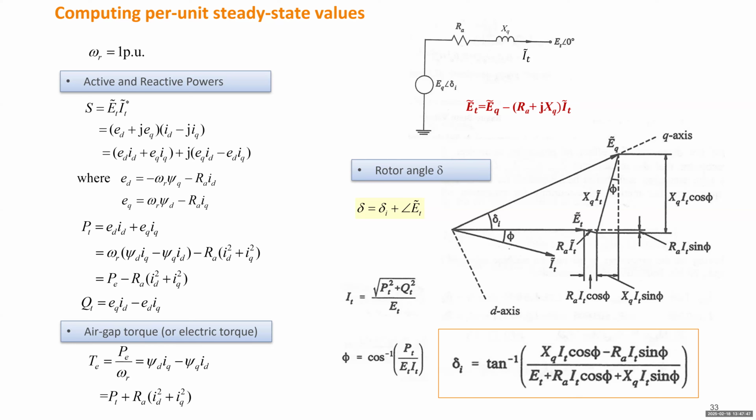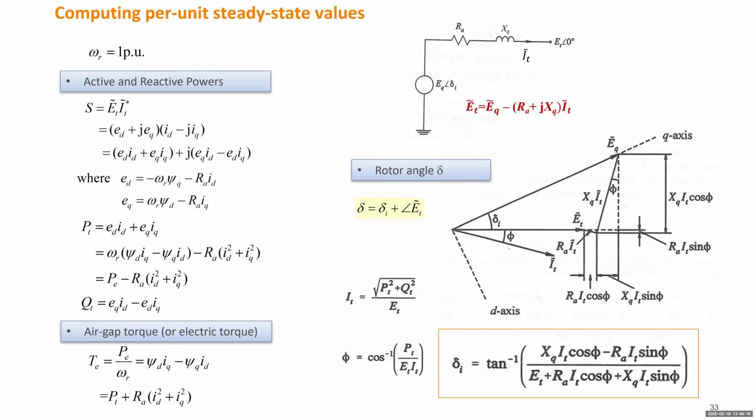But keep in mind, this formula is only good for a lagging power factor. If it's a leading power factor, which means phi is negative, the current is leading the voltage, or the generator is operating as a load, the current is separated from the voltage by more than 90 degrees. The formula will still be like this one, but you can imagine somewhere we will have a negative sign. Some positive signs become negative, some negative become positive.